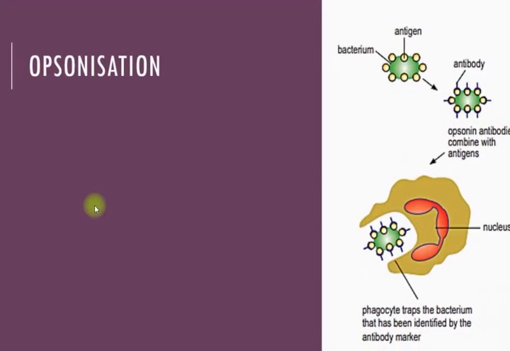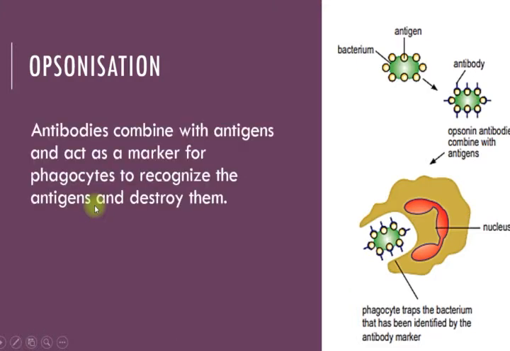Okay, next we go to opsonization. Antibodies combine with the antigen of the pathogen and act as a marker for phagocytes to recognize the antigen and destroy them.